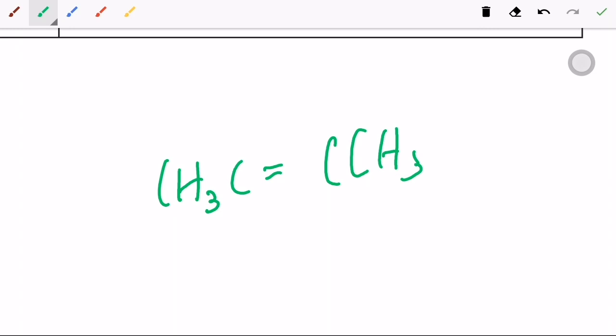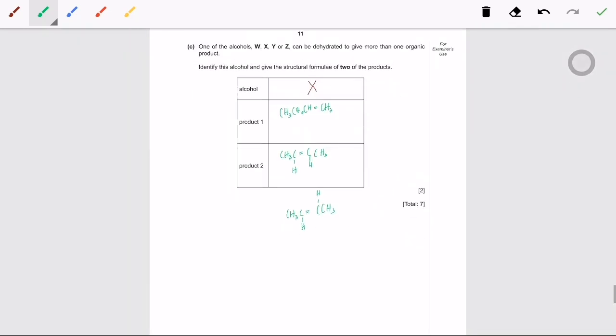Alternatively you can draw this one, which also contains a double bond. But those two are preferred.